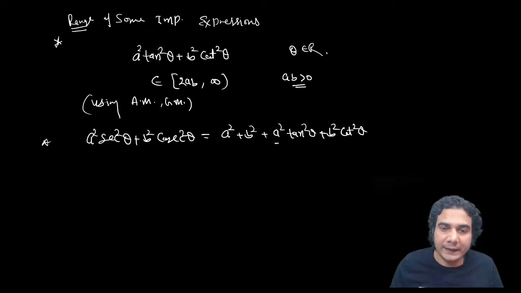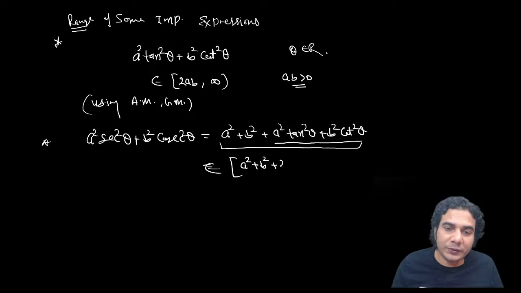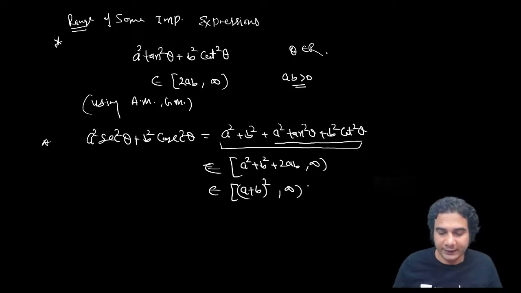You know the range of the latter is 2ab to infinity. So the range will start from a square plus b square plus 2ab to infinity. That means the range of this will be (a plus b) the whole square to infinity. That is the range of this particular expression.